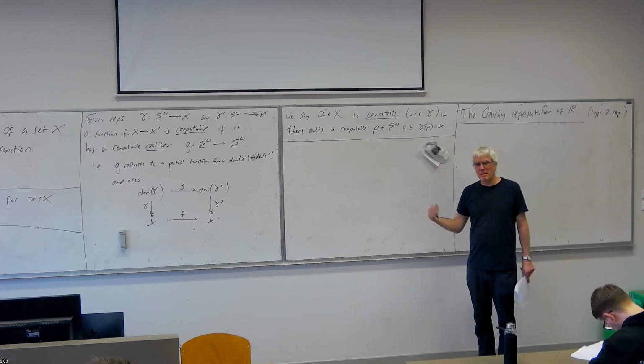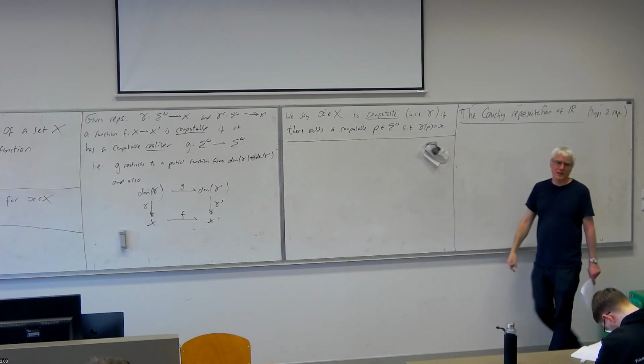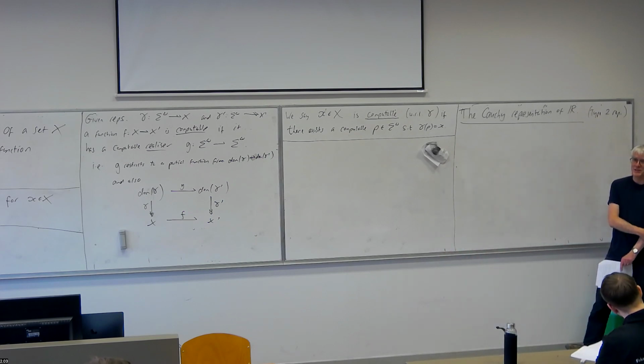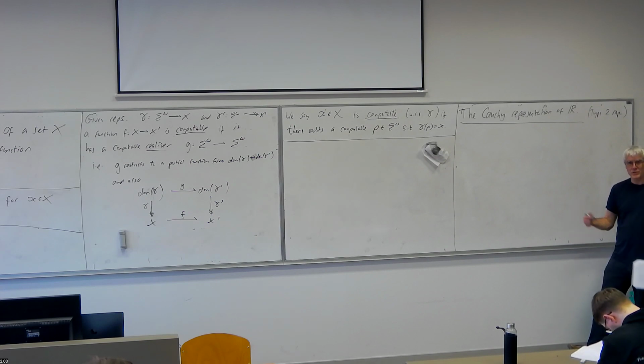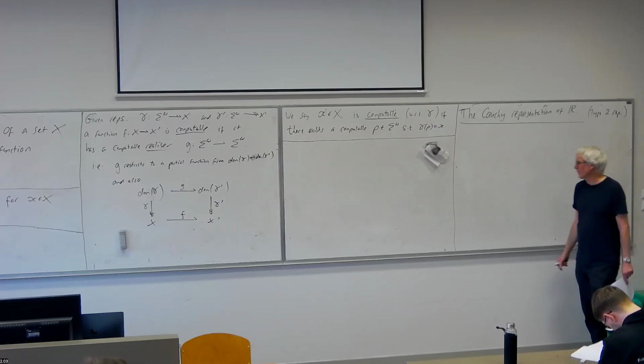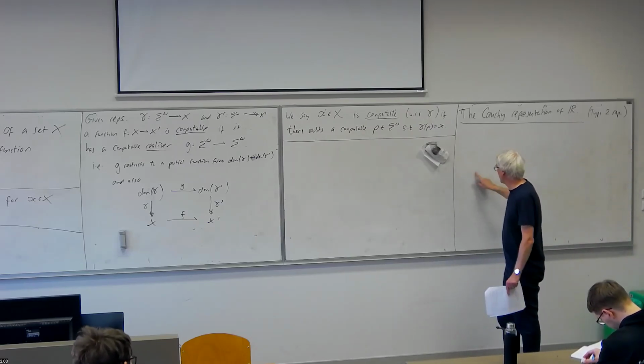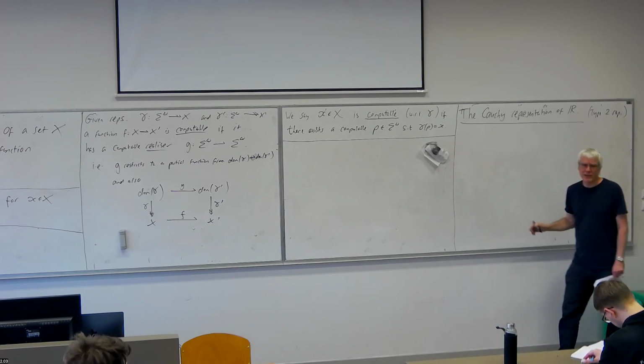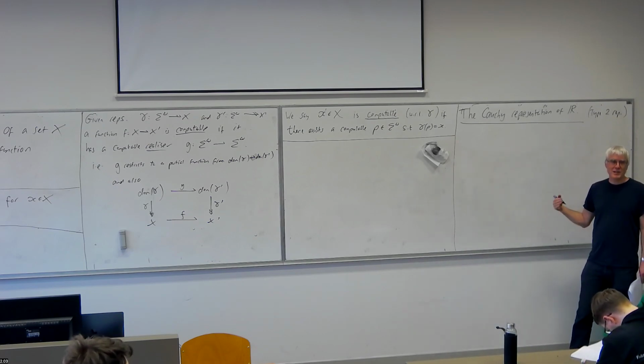You might remember from analysis in the first year of undergraduate that one can construct reals formally as a set of Cauchy sequences of rationals. I mean, there are various ways of doing it. You look at real numbers as being given by Cauchy sequences of rationals. In fact, you can restrict to dyadic rationals.